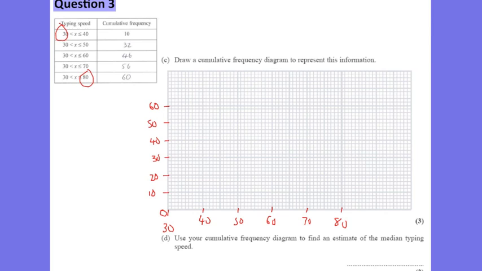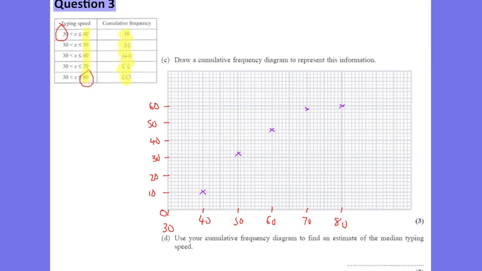So plotting our points, remember where we're plotting the points from. We're using the upper class boundary and the cumulative frequency. So first point 40 and 10, right there. 50 and 32. 60 and 46. 70 and 56. 80 and 60.